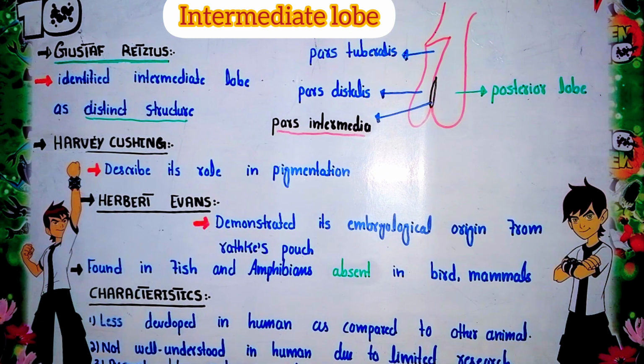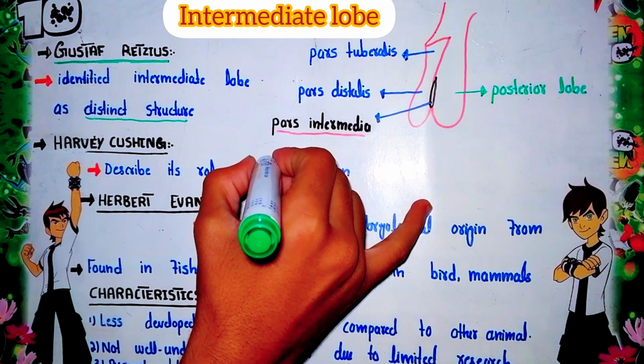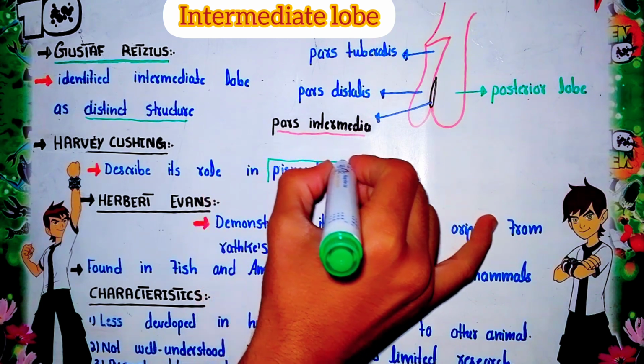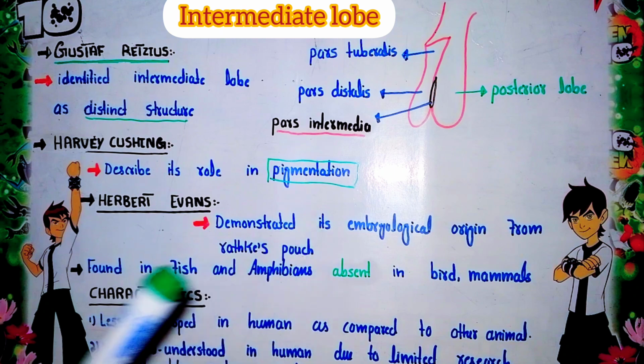Now in the history, the second scientist, Harvey Cushing, described the role of this intermediate lobe of the pituitary gland, that it has a role in skin pigmentation. The third scientist, Herbert Evans, demonstrated its embryological origin from Rathke's pouch.